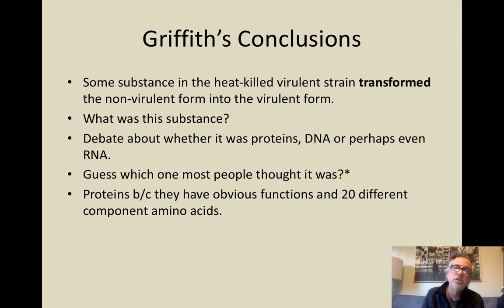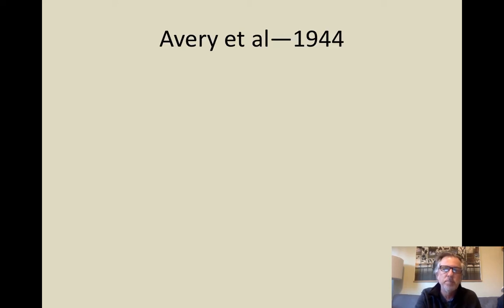Perhaps that should have been a clue. And not only that, but proteins have 20 different component amino acids. So they have more letters, so to speak, than DNA, which only has 4 different types of nucleotides in it. So Griffith showed that there was some molecule that was able to transform bacteria, and that this molecule was probably the same as the hereditary molecule.